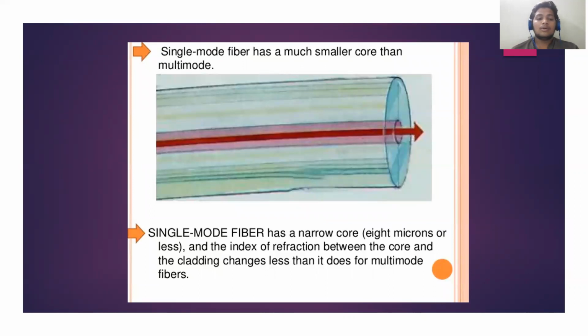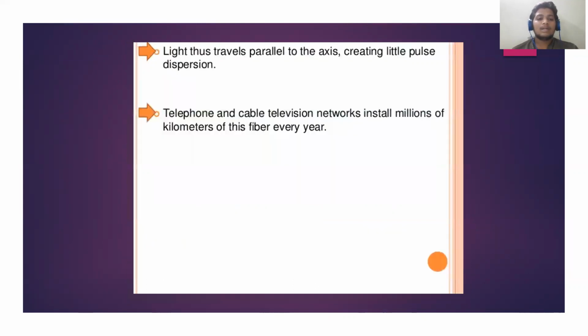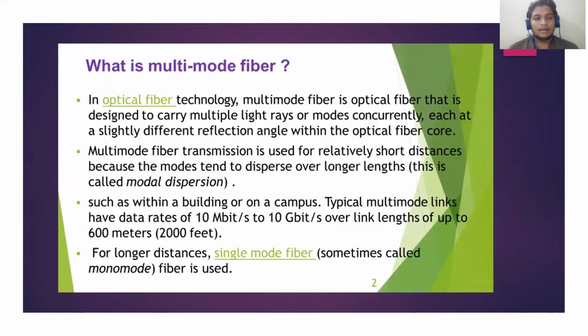Single mode fiber has a narrow core, 8 microns or less, and the index of refraction between the core and cladding changes less than it does for multi-mode fibers. Telephone and cable television networks install millions of kilometers of fiber every year.